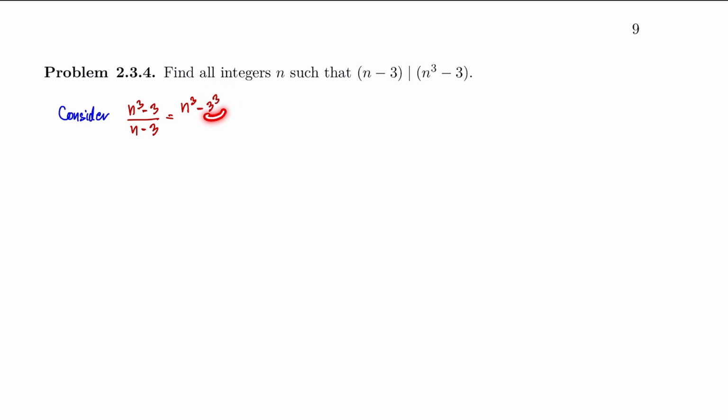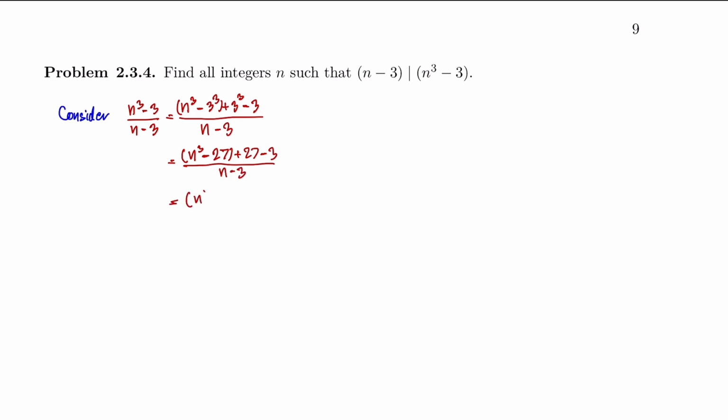So when we add this term, we have to add 3 cubed and subtract 3 cubed, minus 3 like this, divided by n minus 3. So we're going to have n cubed minus 27 plus 27 minus 3 over n minus 3.